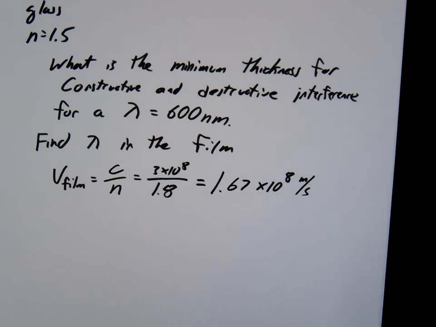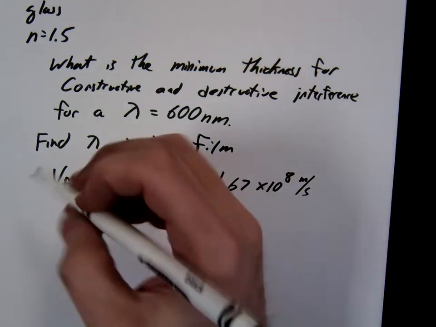To know the wavelength in the film, what else do we have to know? Frequency in the film. How do we get the frequency in the film? Well, we know the frequency in the film is constant, right? So if we find the frequency in air, we know the frequency in the film. So that's what we're going to do. Let's find the frequency in air.